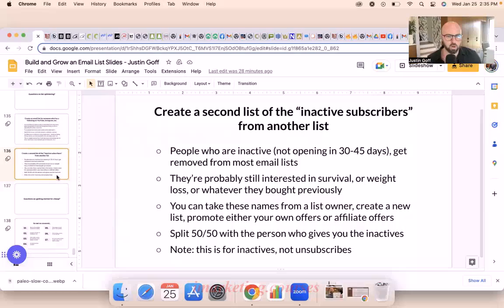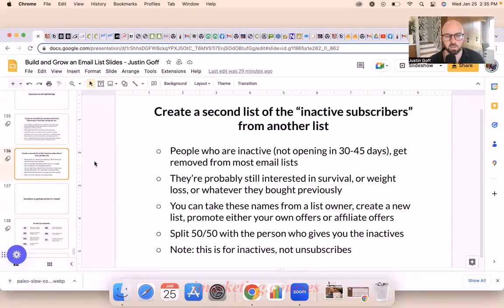All right, I got one more here for you, and then we will wrap up for the day. You could also create a second list of inactive subscribers from another list. I've seen a couple of people doing this. If you're on my list and you do not open an email for 30 or 45 days, you get removed from my list because you're dragging down my deliverability.